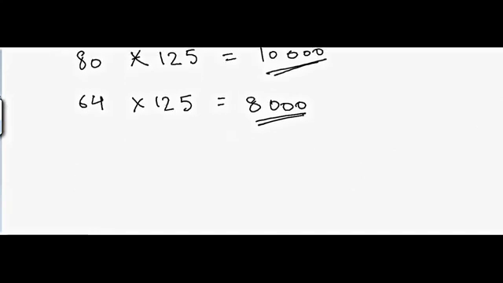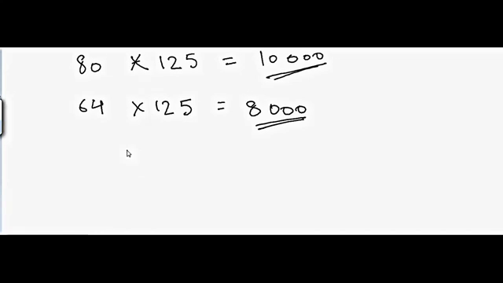And let's take another example, 128 by 125. In this case, we know that 128 divided by 8 is 16, and then we put 30 in the end, so that is our answer.